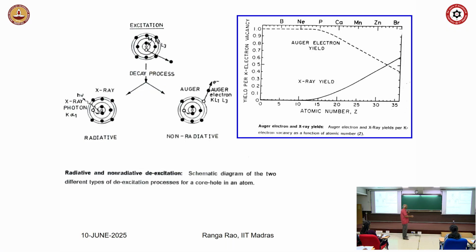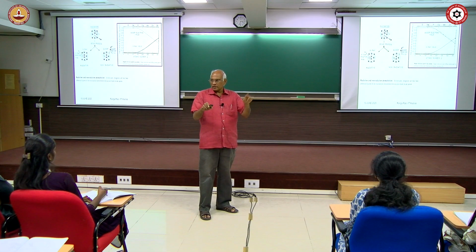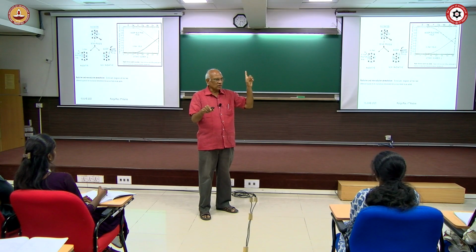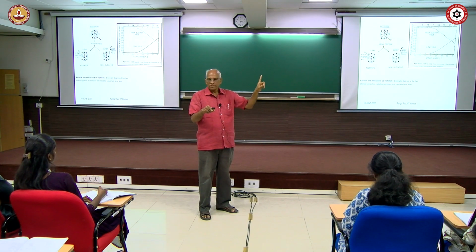Now, if you see here, that depends on the atomic number. For example, this is the atomic number Z, increasing all the way up to 35, and then the yield of the K electron vacancy. K electron vacancy means K is nothing but X-ray notation. In our atomic notation, it is the 1s electron.